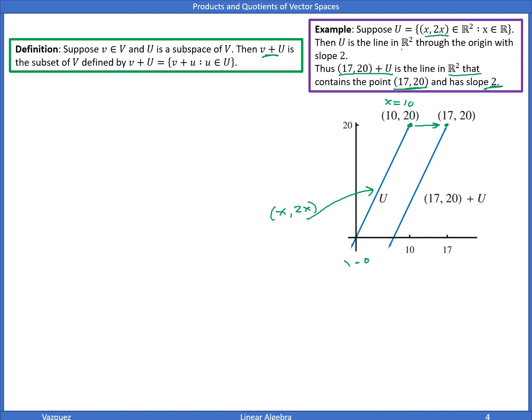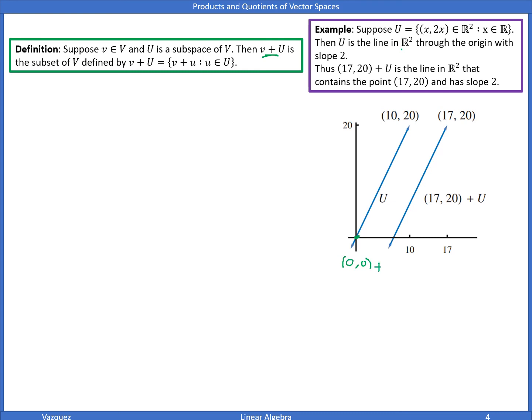Let me erase this. So they are parallel. We know what parallel lines are from middle school and high school, even though we haven't really defined them here, which we will. But for this example, this is our (0, 0), right?